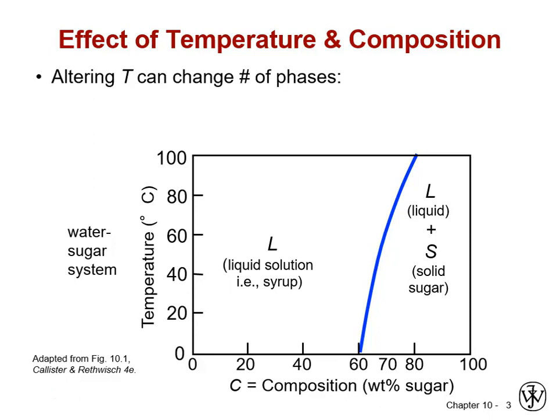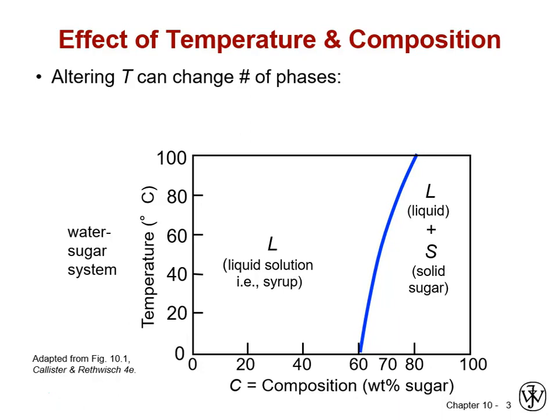But for the purpose of this course, we will be assuming 1 atmosphere of pressure and then only looking at the effect of 2 state variables, temperature and composition. We won't even get into chemical potential, which is a little bit more complex than composition. So 2 state variables only, temperature and composition.